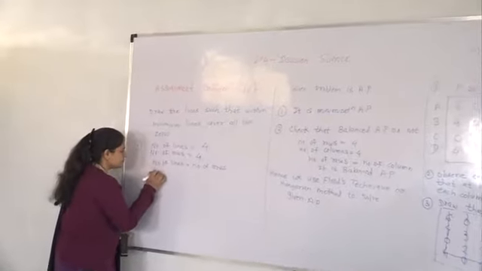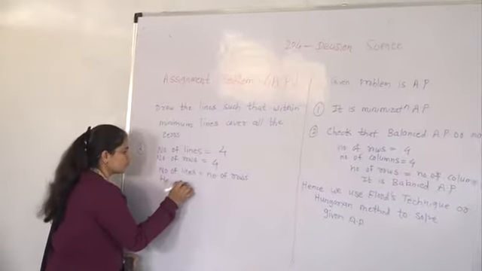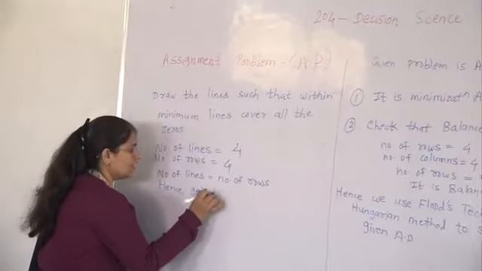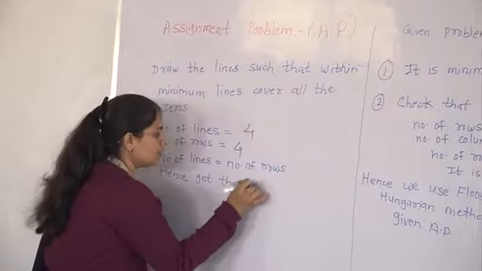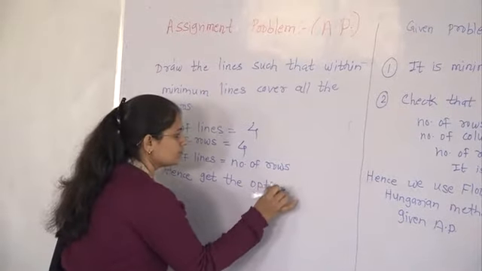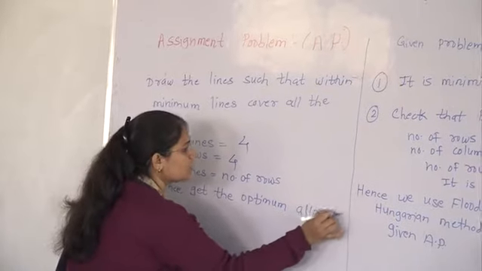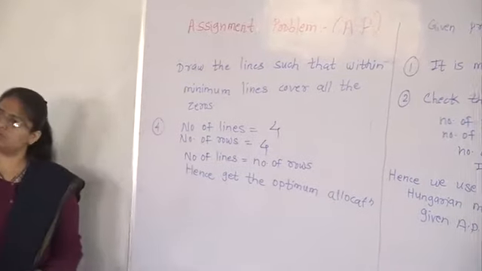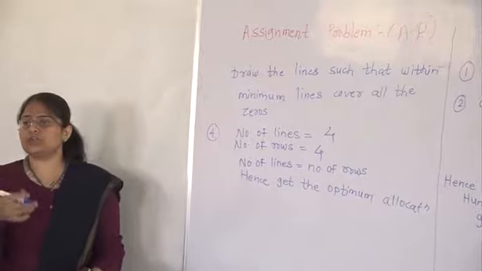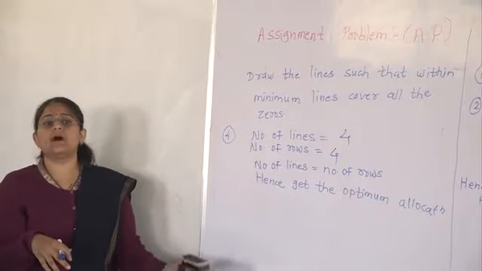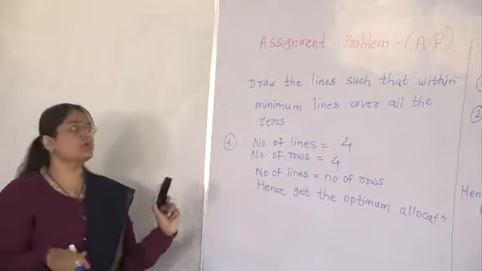Hence, we get the optimum allocation. If the number of lines is equal to the number of rows, there is no need for a further step. You have to get the allocation, so directly you allocate.